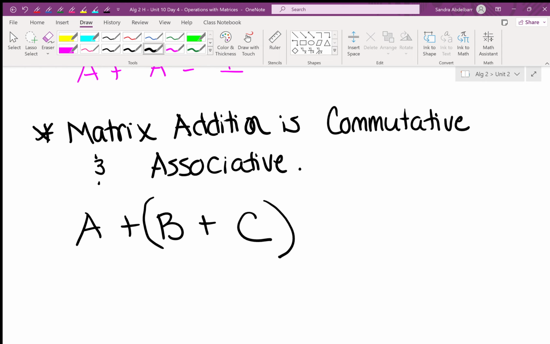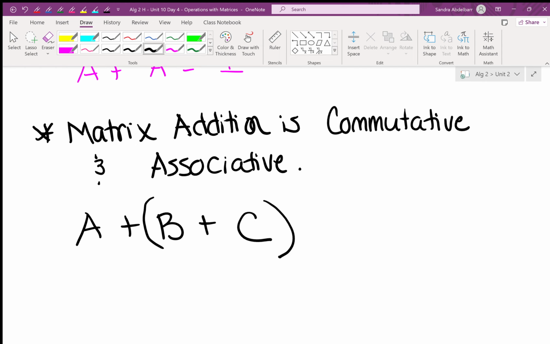What it means when it says associative is that even if you have parentheses, it doesn't change the value. If I add A plus B first, then C, it's okay. If I add B plus C and then add that sum to A, it's still okay. So we can do different groupings and your sums will still be the same. That's what that means.